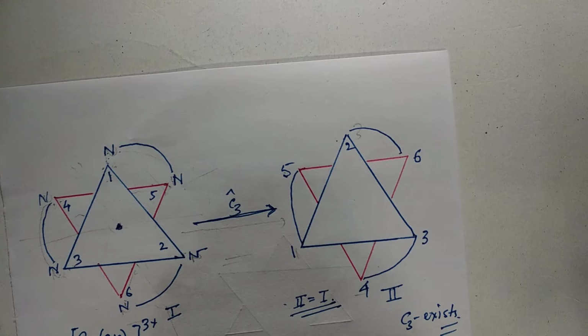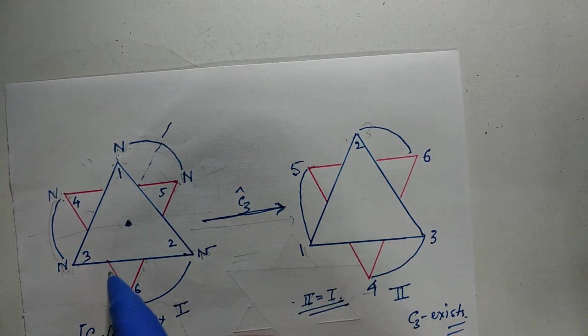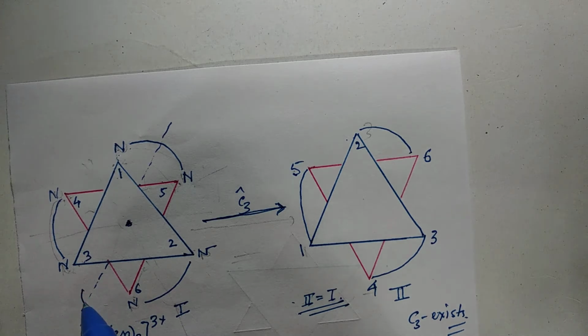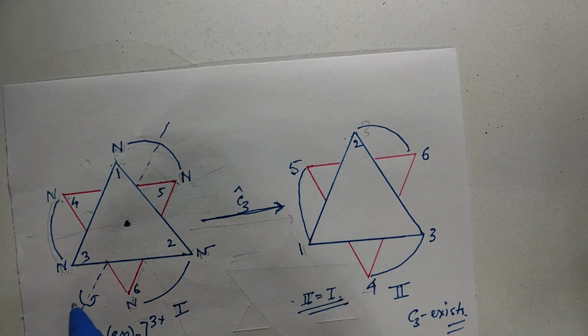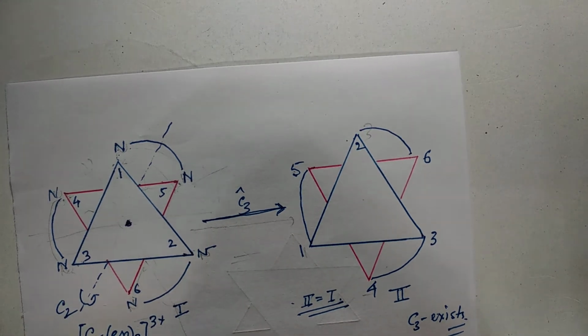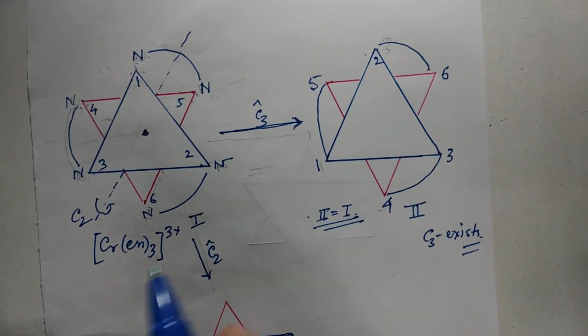Now, let us try to find a twofold axis. If we use this line as a twofold rotation axis and carry out the C2 operation, what will happen? 180 rotation.